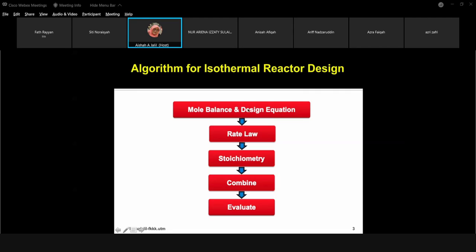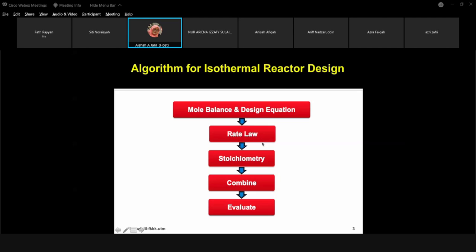In the mole balance equation you have to calculate the rate law, right? So you have to know whether the reaction is reversible or irreversible, first order, second order, or zero order, or elementary reaction. And then you can write the rate law.